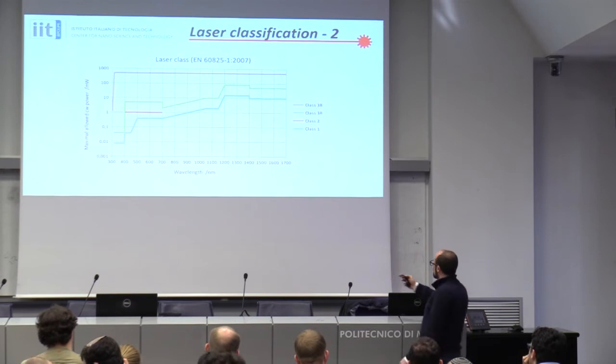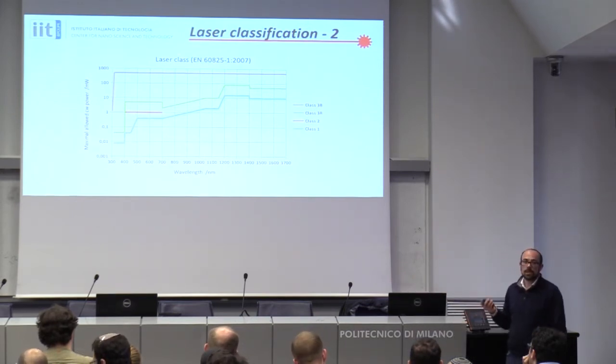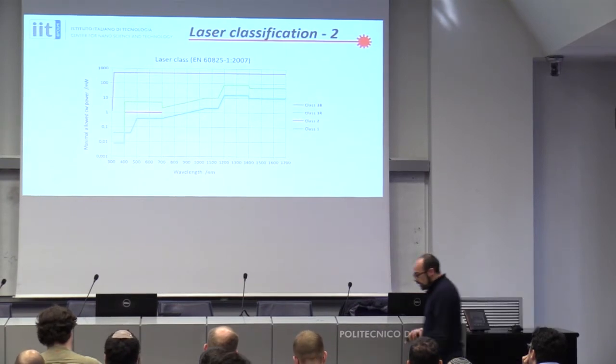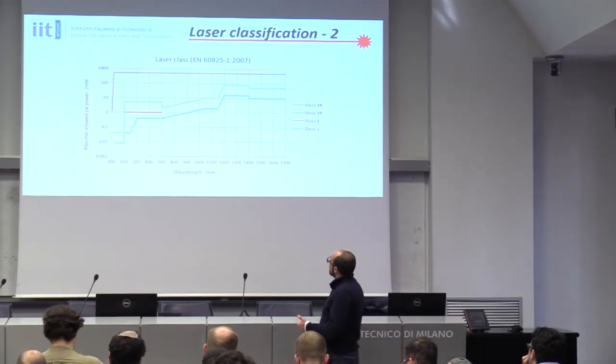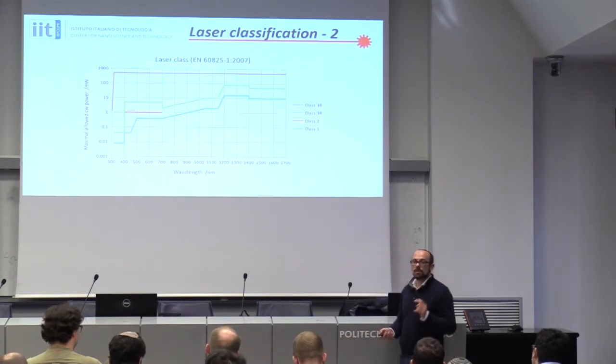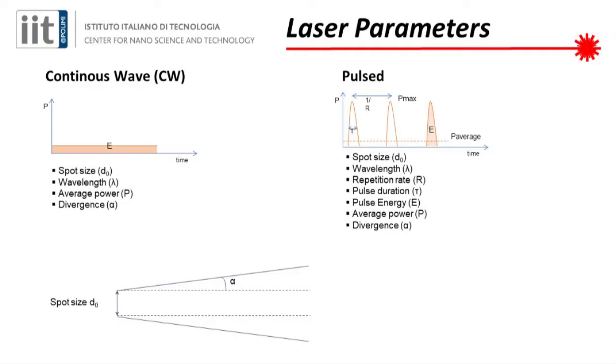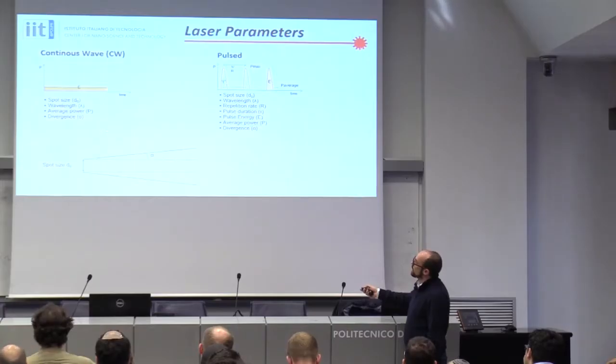Wrong. Because this is totally wrong, because this is not the only parameter that you have to take into account. Indeed, in real life, usually filters are 1 or 2 orders of magnitude higher in protection than this. And this is the reason. When you're considering a continuous wave laser, let's start from the continuous wave laser actually, the parameters that play a role in the dangerousness of the laser are of course power.